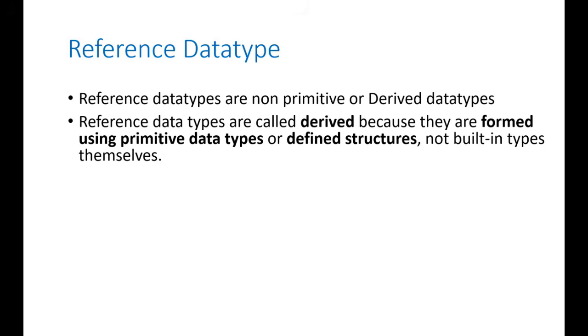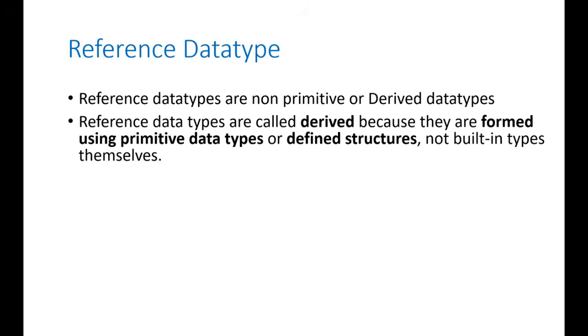But if I want to store some complex data structure, for example, information about a person grouped together in a single variable, say a class, that type of data is known as a reference data type, and it is made from primitive data types.